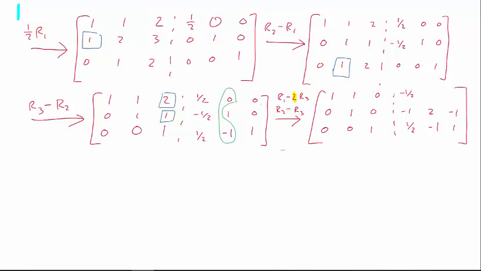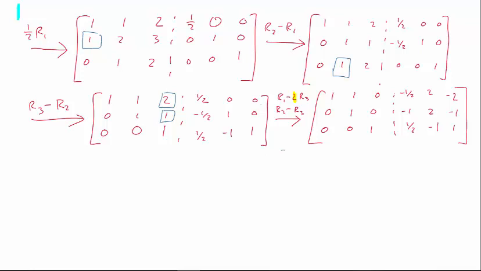It's going to get us positive 2. And then finally, 0 plus negative 2 times 1, and that's going to get us a negative 2.